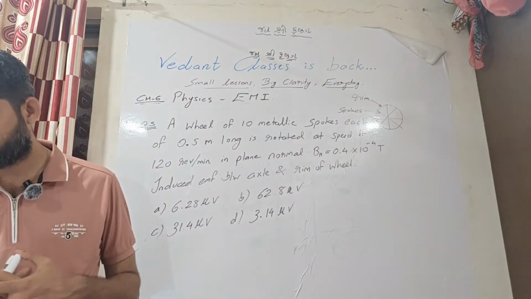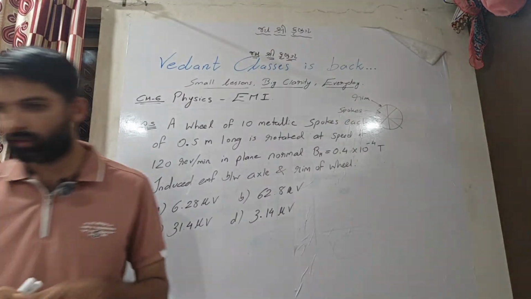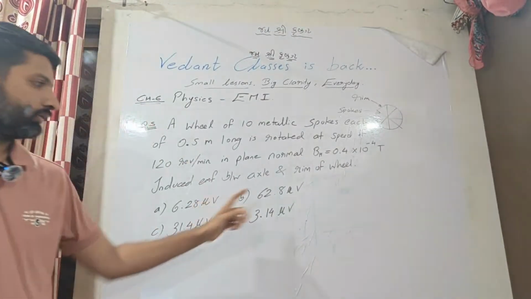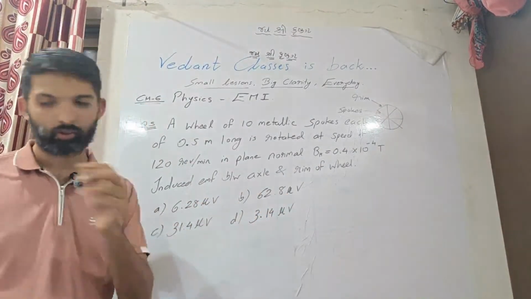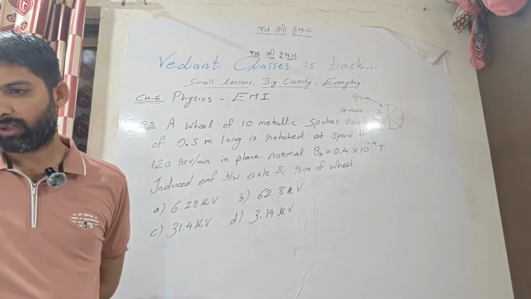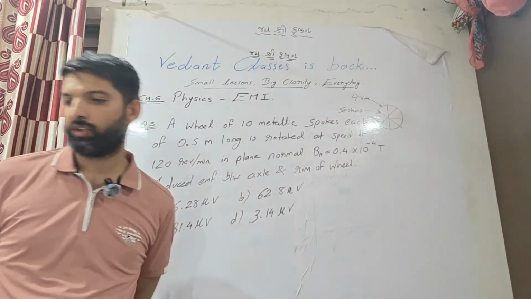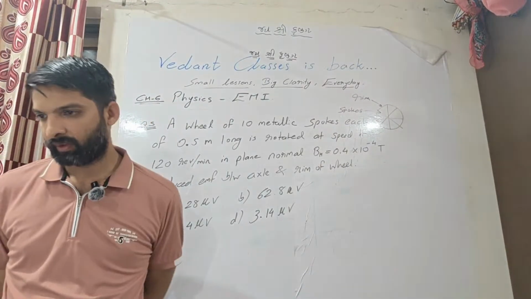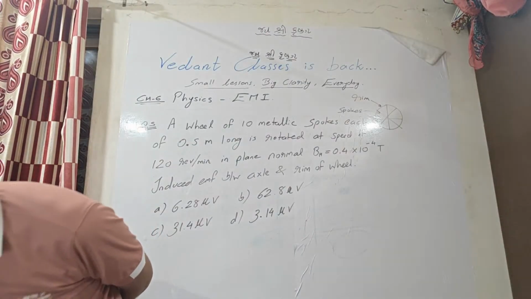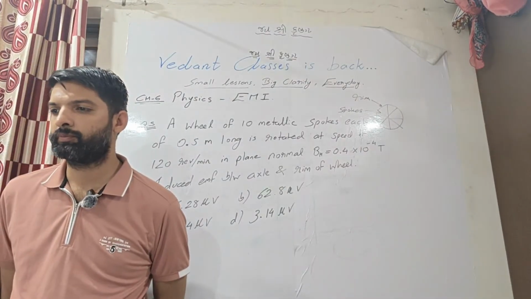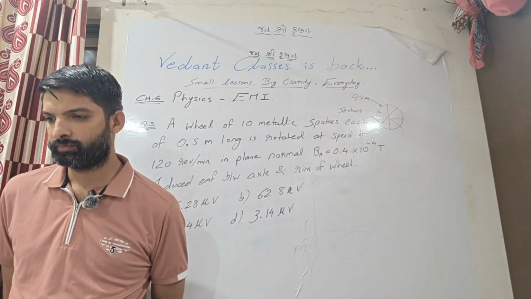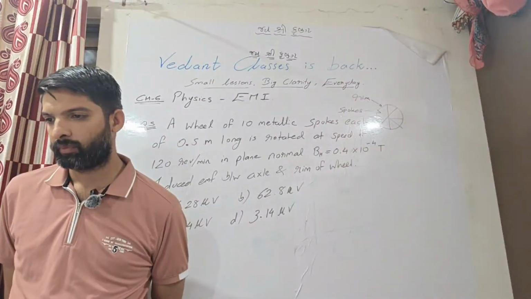Okay, 10 power minus 5. You can adjust the power because micro is given in the options. So accordingly you can adjust and tell me the answer, whether it will be 6.28 or 62.8. Adjust and then you will tell me the answer. Okay, very good, Rudra.